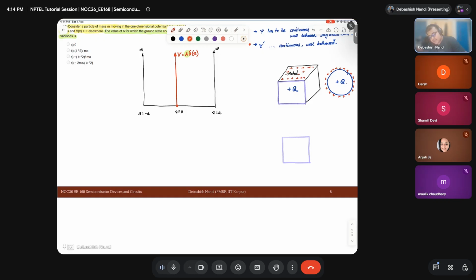This is one surface, this is another surface, right? So similarly here also you will have charges.